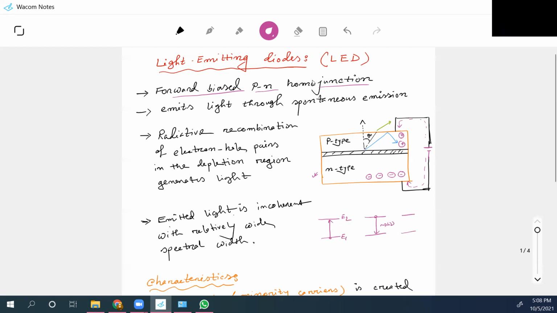And stimulated emission, where other electrons follow it. In our laser, we have seen that the laser uses the stimulated mechanism. For LED, it uses spontaneous emission.